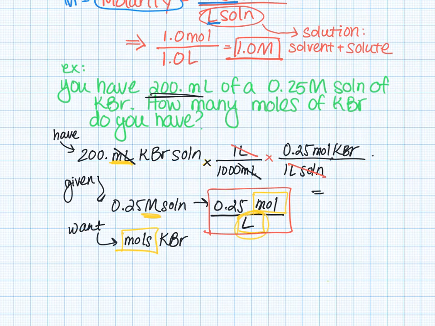And you should have gotten 0.050, 2 sig figs. There's 2 in molarity, and there are 3 in the volume. So I have 0.050 moles of potassium bromide.